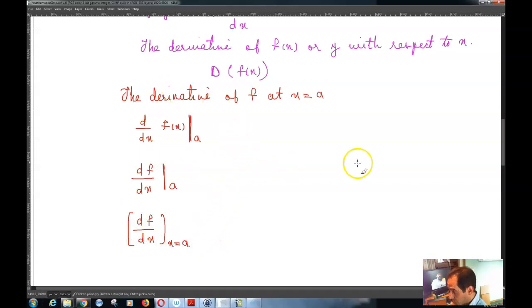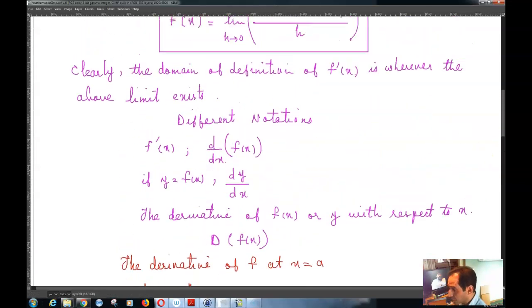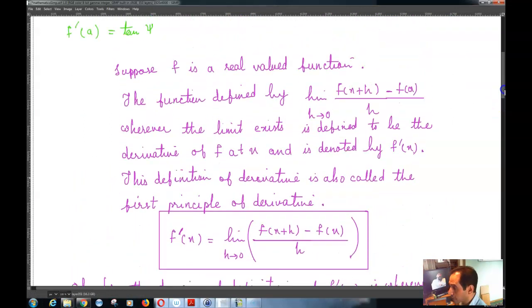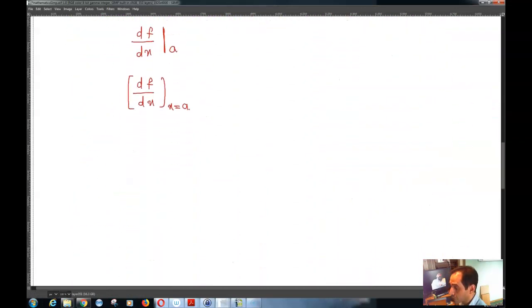So these are the different notations, but now basically we understand what the whole thing actually means. So now let's do a couple of examples to understand these a little bit better.